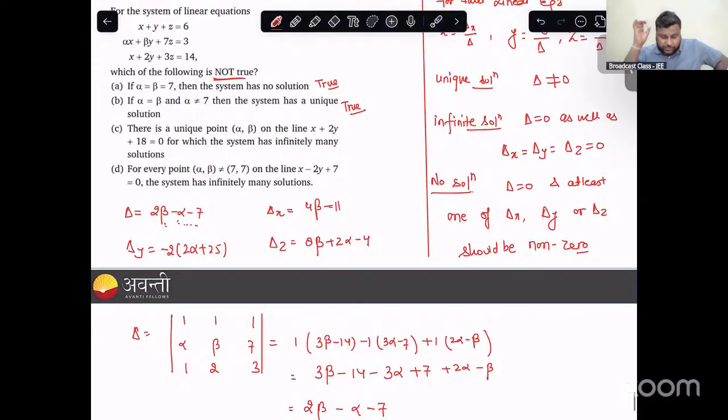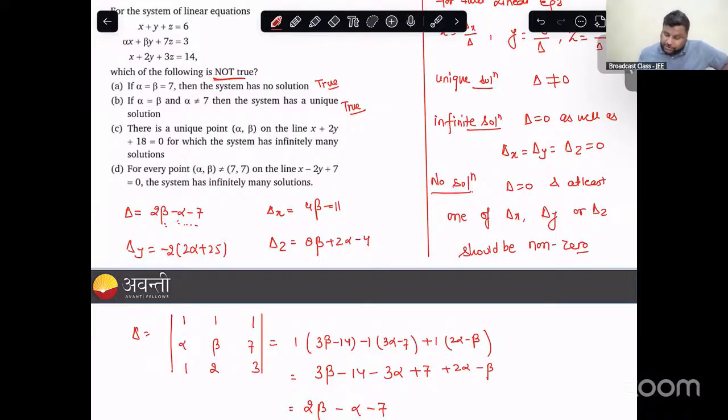See, there is a unique point alpha beta on this line for which the system has infinitely many solutions. Now, when can the system have infinitely many solutions? For infinitely many solutions, delta x should be 0, delta y should be 0, delta z should be 0. And at those points, delta should also be 0.